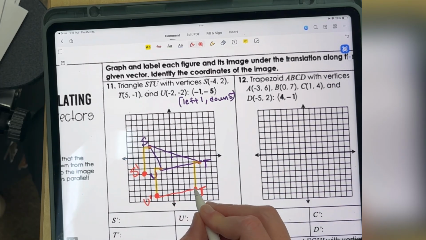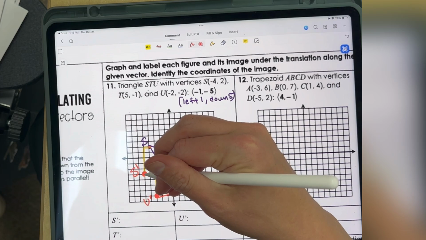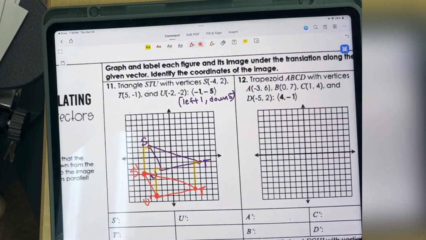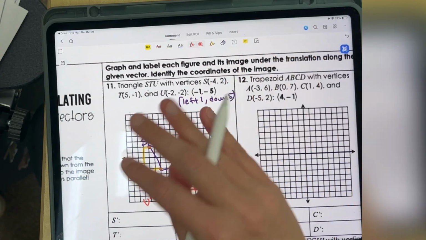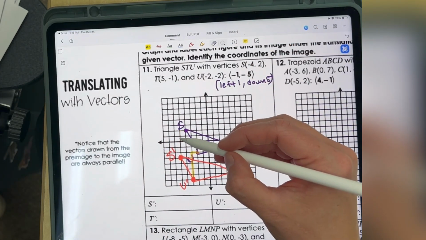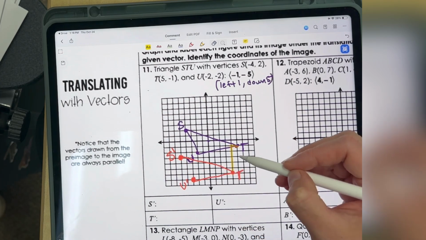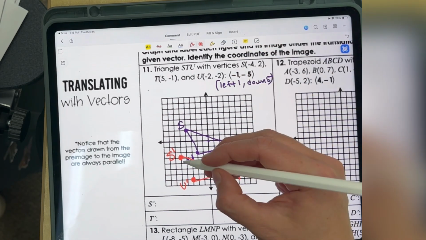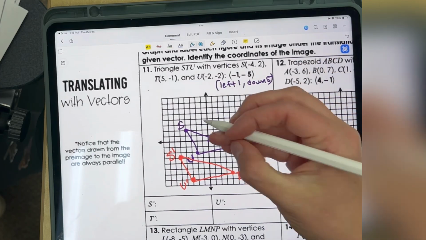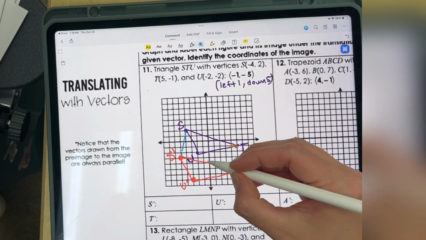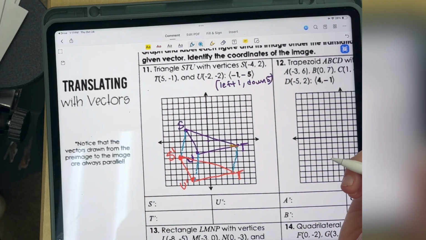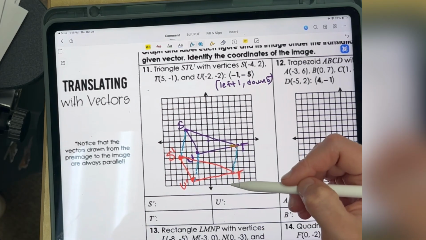Okay, if I connect those, what it says over here is, notice if I took away all these yellow lines, and I actually connected S to S prime, U and T, all of those blue lines are parallel, and now we have a 3D figure.